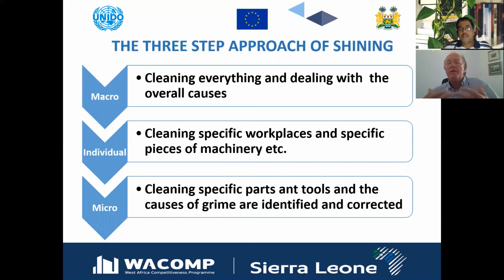Or it may be that the extraction system is not working as it should be and needs some maintenance. So it's not just a question of cleaning things, letting them get dirty and then cleaning them again. We'll talk a little bit later on about the standardization and the actual discipline in maintaining.